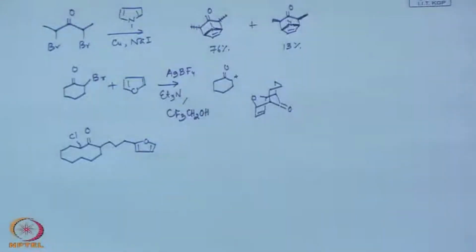Now, you have a substituent containing this furan ring system, so once again the purpose is to engage the furan unit in reaction with this alpha chloro acetone unit in a 4+3 cycloaddition reaction.